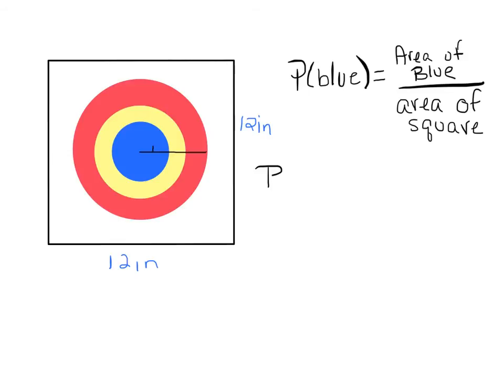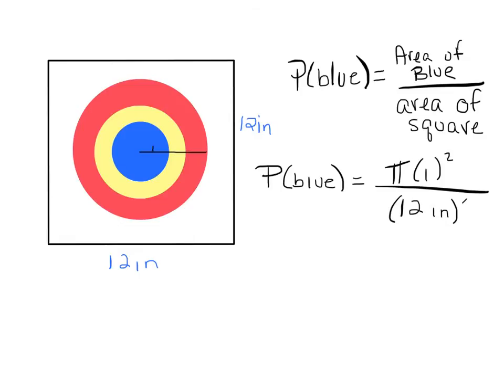So the first thing we would have to do would be to find the area of the blue circle. So I know that the area of a circle is pi times radius squared. And in this case, our radius is 1. And our square is 12 inches times 12 inches because it is a square. So for us, that is pi over 144.